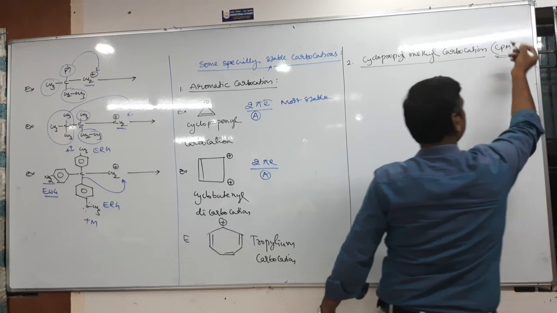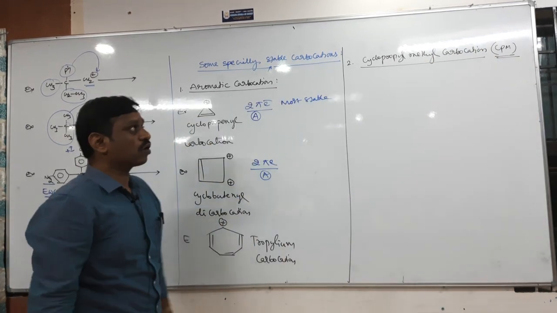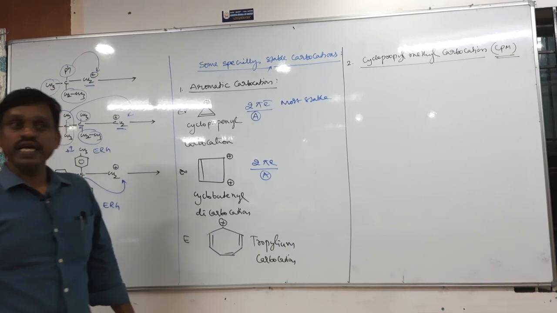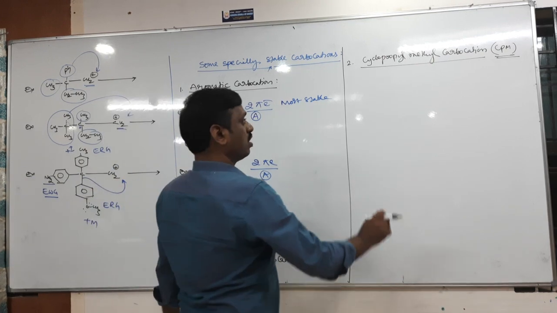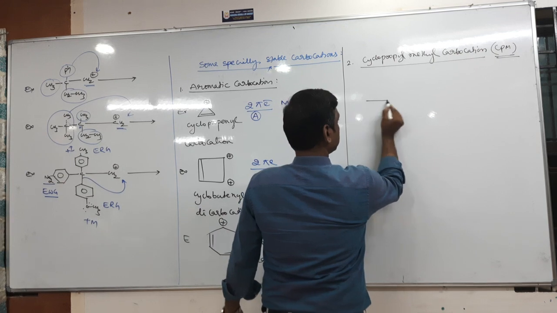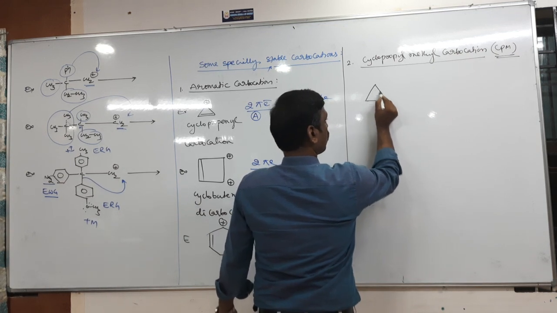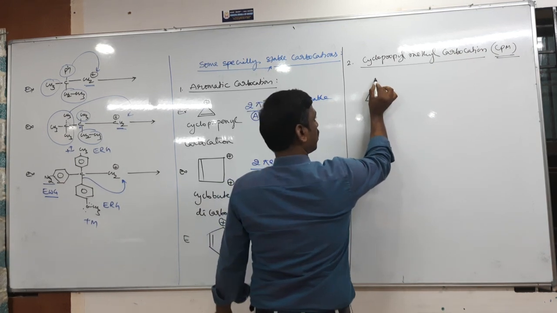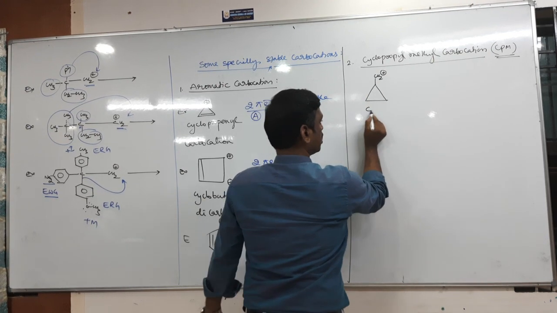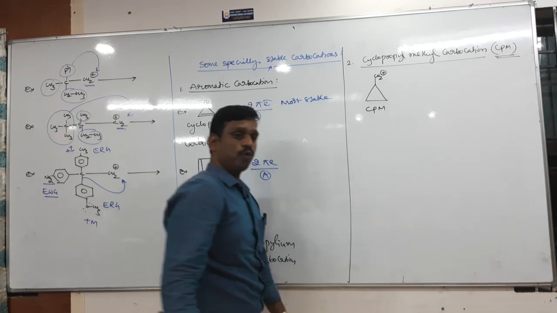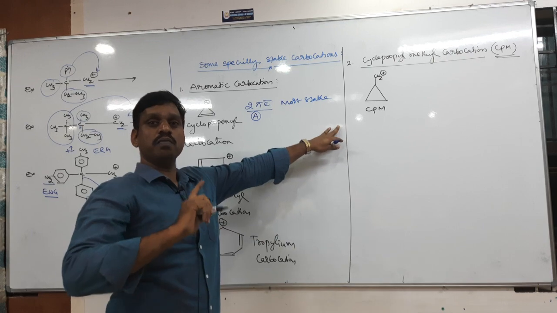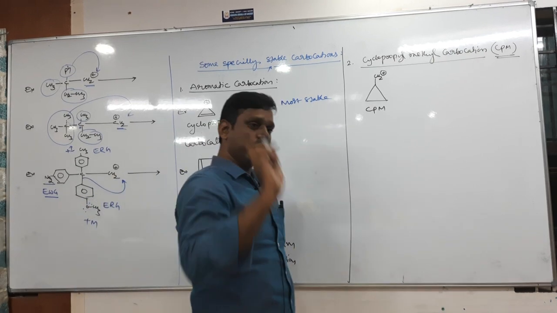From here onwards I will use CPM only. What is the structure of CPM? This is a cyclopropyl group, and write one carbon atom which is CH2 with a positive charge. This is CPM, cyclopropyl methyl carbocation, exceptionally more stable compared to any other carbocation.